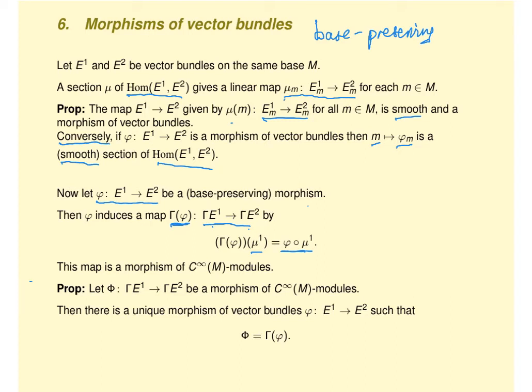And here's the converse, and this does require a proof. Let capital phi be a map from the sections of E1 to the sections of E2, which is a morphism of C infinity modules. In other words, function linear.